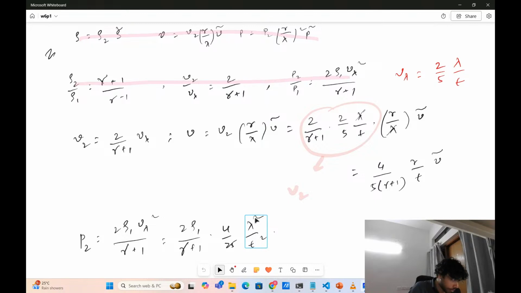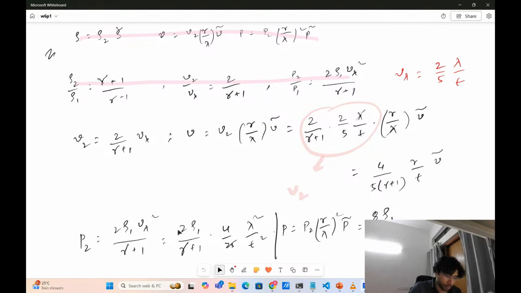Now, what is P? P is P2 times (r by lambda) whole square times P tilde. So we just multiply this P2 with (r by lambda) square, and the lambda square will cancel. This is 4 times 2, 8 rho 1, and 25 (gamma plus 1).